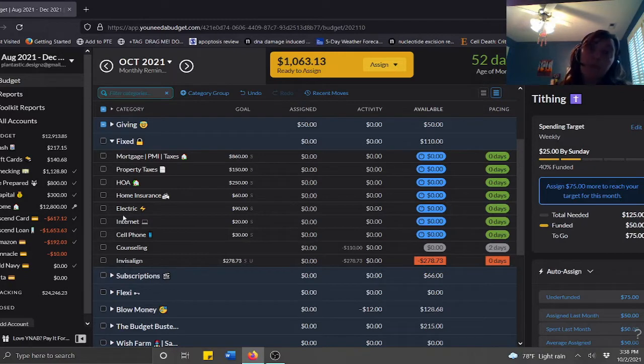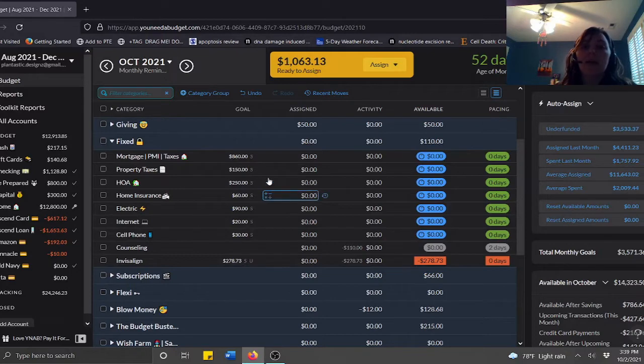I live at home with my parents, but I'm budgeting as if I was living on my own. So these are just average numbers based off of if I were to buy a house that is $200,000, an average of what all of these bills would be. And my goal is to set that amount aside and put it in my home savings account and let it build up for the down payment.